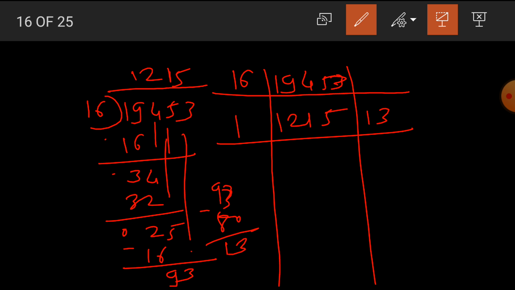Again we have to divide 1,215 by 16. We get here the quotient as 75 and the remainder as 15. Again we have to divide by 16.